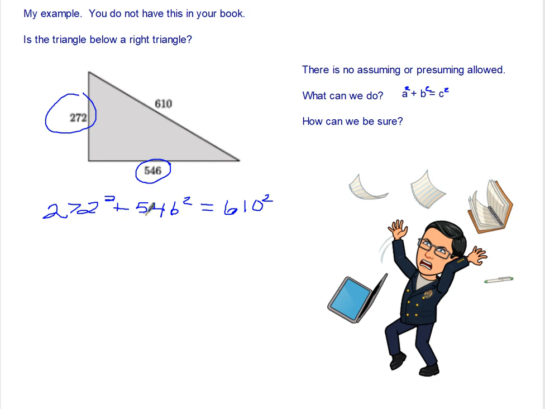And when you do 546 squared, add them together. What do you get? Good, 372,100.